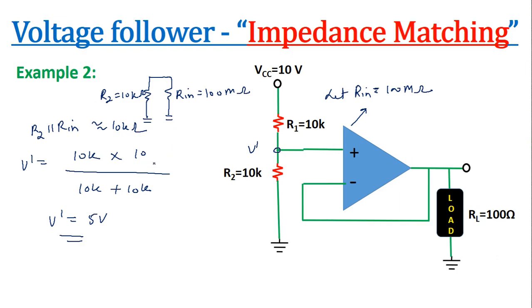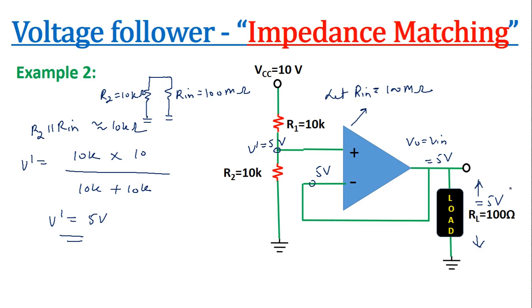This 5 volt will fall across R2. And we know by the voltage follower property that the output voltage is equal to the input voltage. So here also we will get 5 volt. This will be the voltage across the load resistance RL, which is equal to 5 volt.